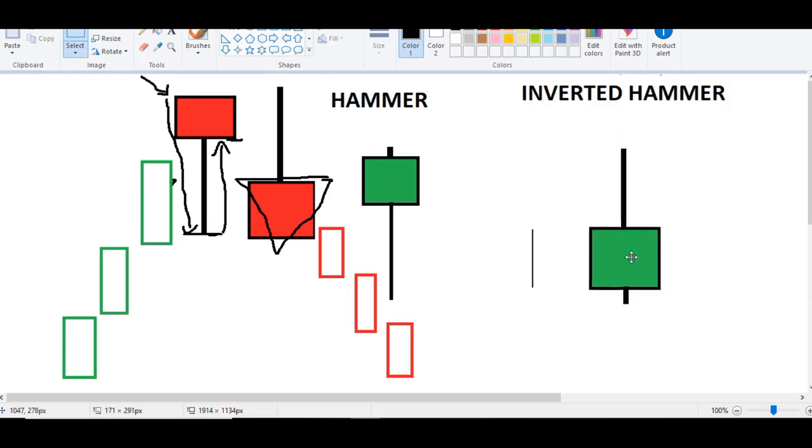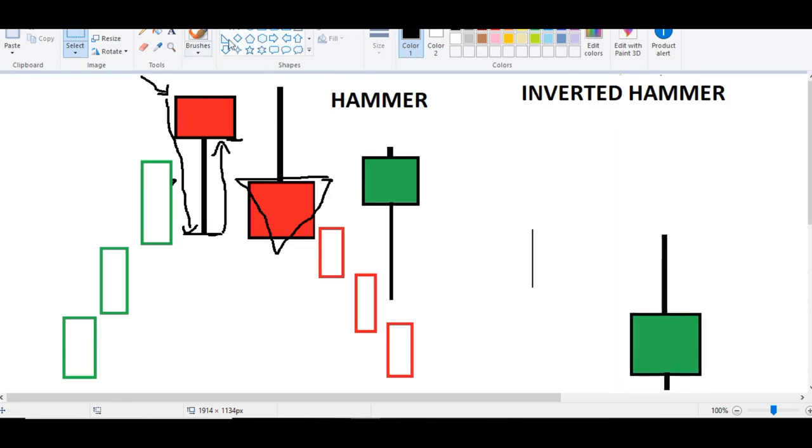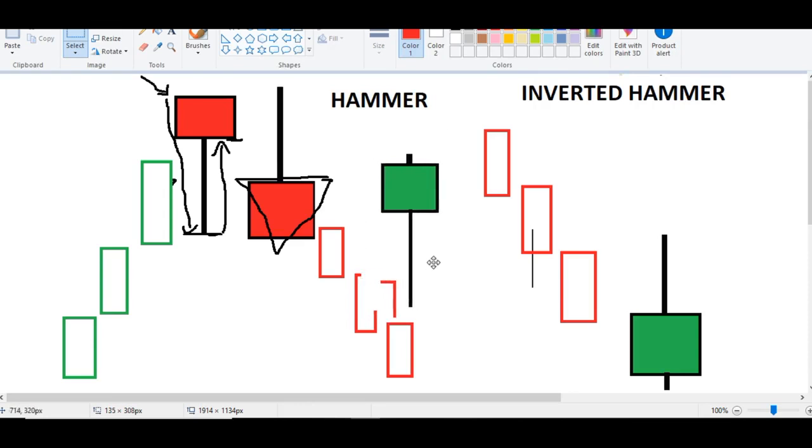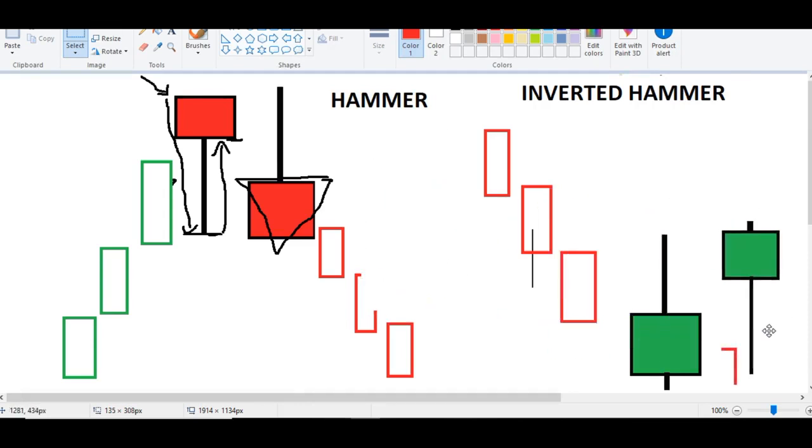if price were in a downtrend. Right? If price is coming down, down, down like this, and then at the bottom, we see this. Let me move this here, right? We see either of these candlestick patterns.